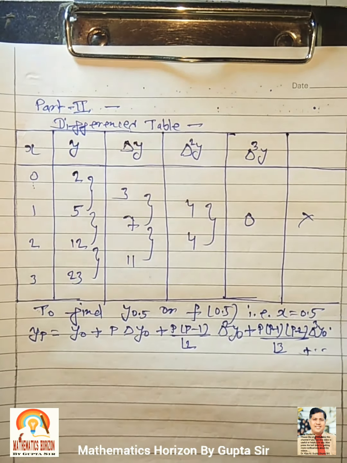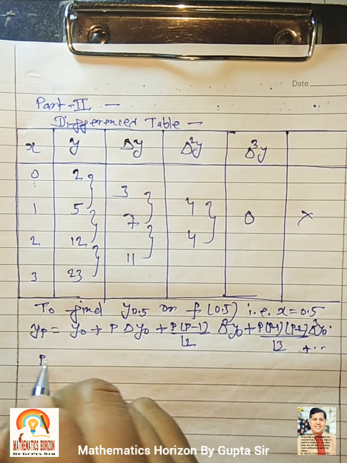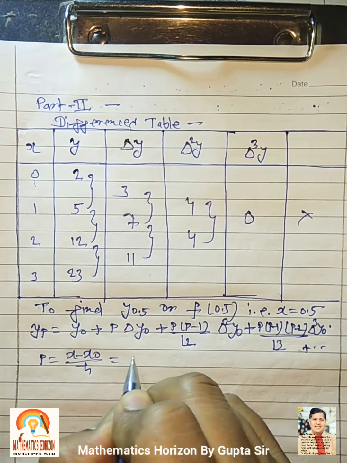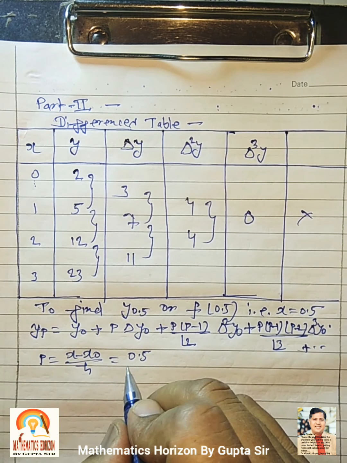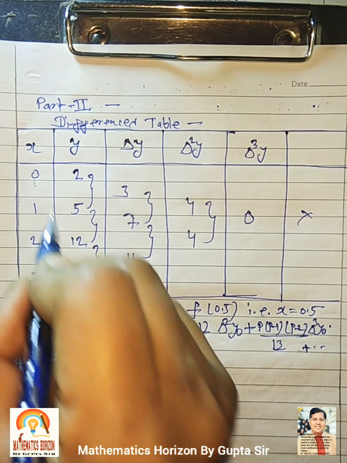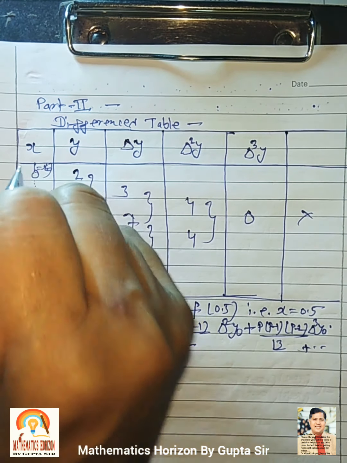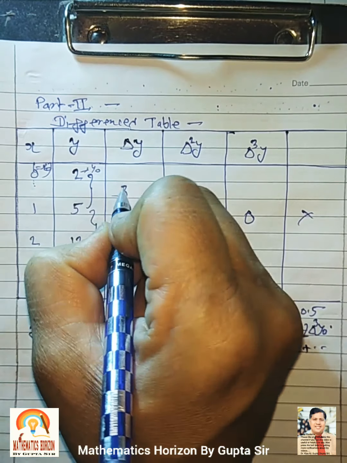Okay, and what is p here? Here p is x minus x0 upon h, where x is the calculation value, that is 0.5, minus the initial value. This is x0 and this is y0.